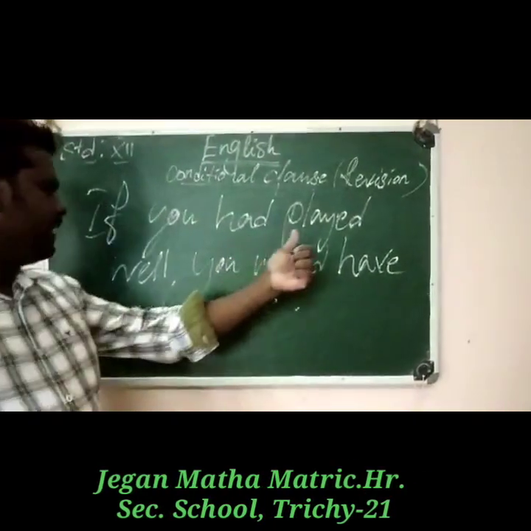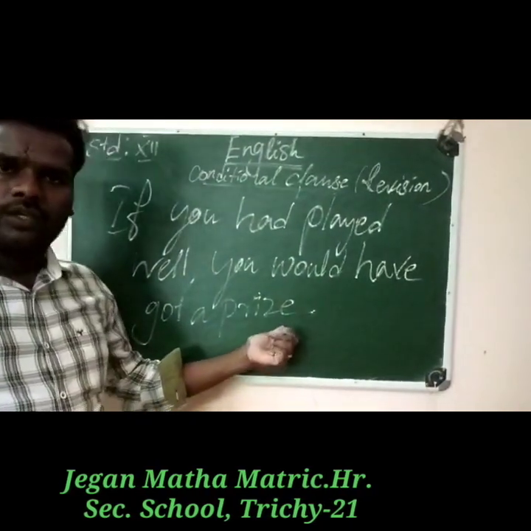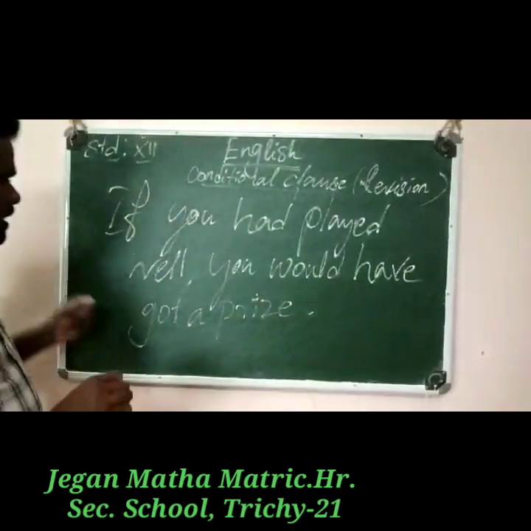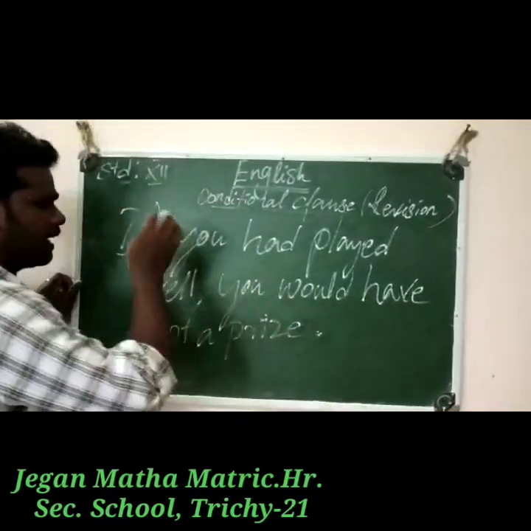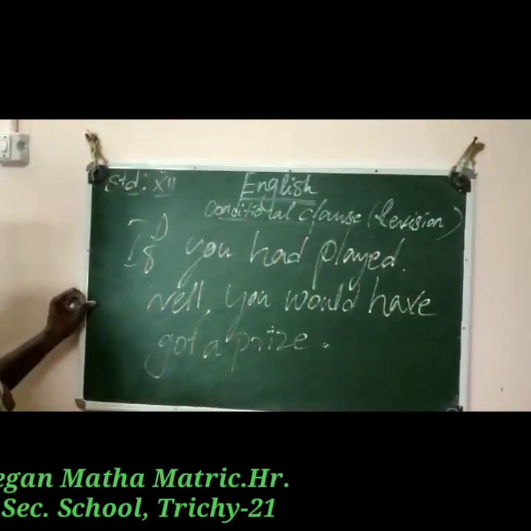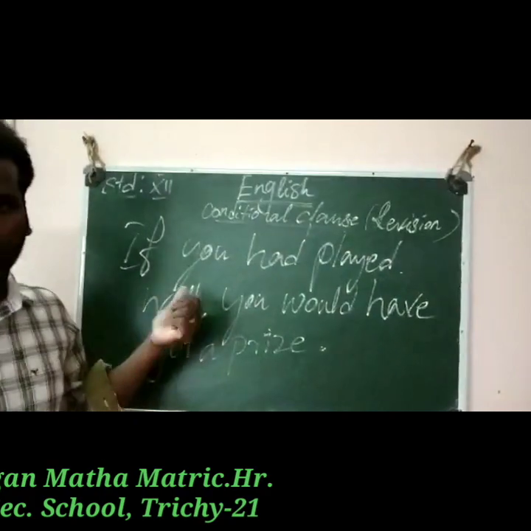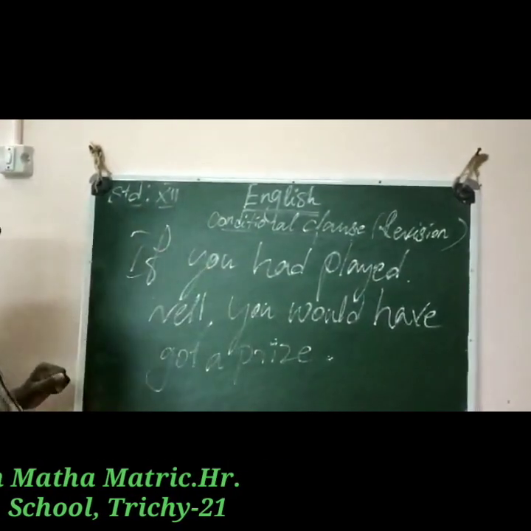If you had played well, you would have got a prize. So which is the result part? You would have got a prize. This is the result part. The condition part is, if you had played well. So this is the third type, the unfulfilled condition class.